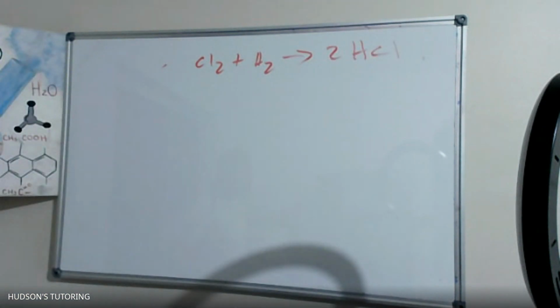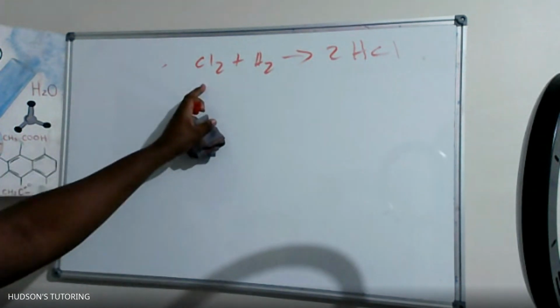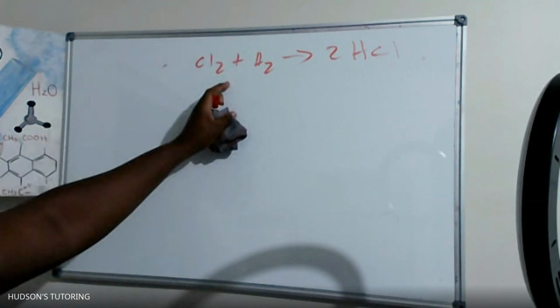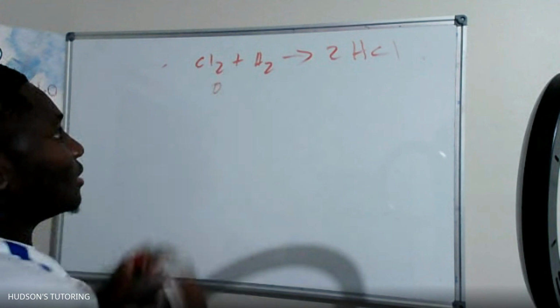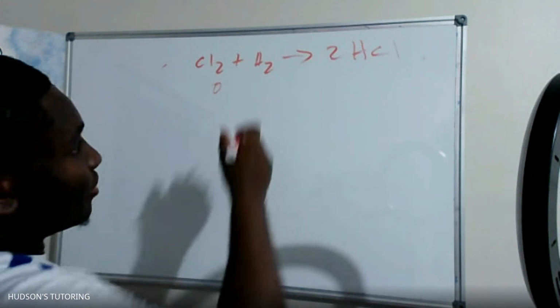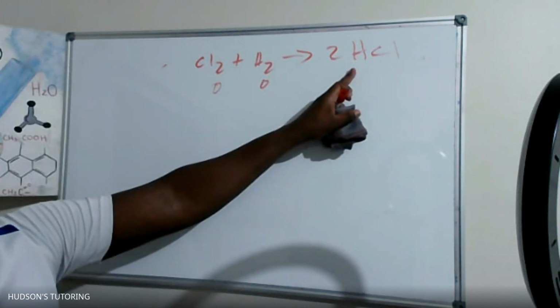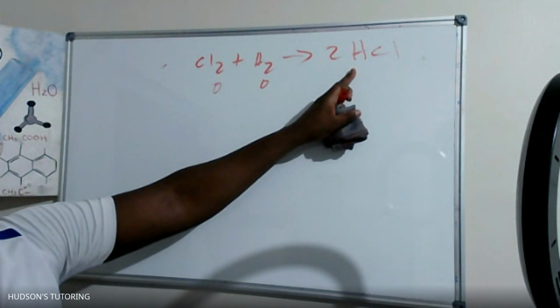Chlorine reacting with hydrogen to form HCl. Chlorine, like all such gases, exists diatomically in its natural state. So chlorine in its natural state has an oxidation state of 0. Remember, hydrogen's oxidation state is +1, except in hydrides.